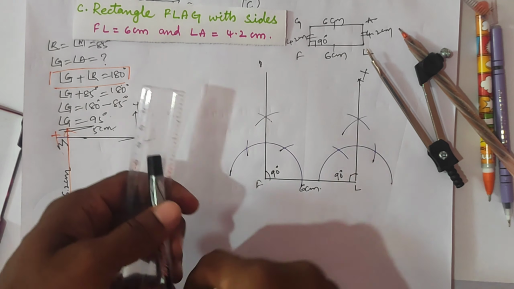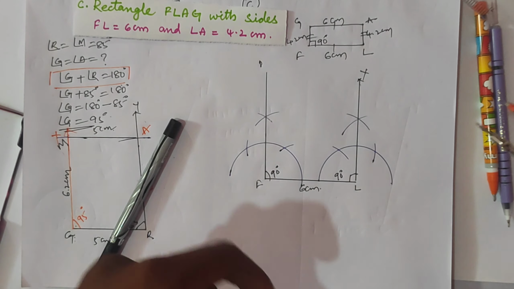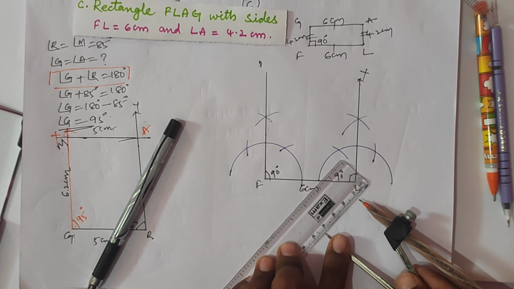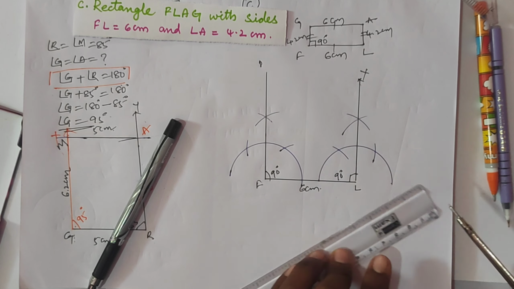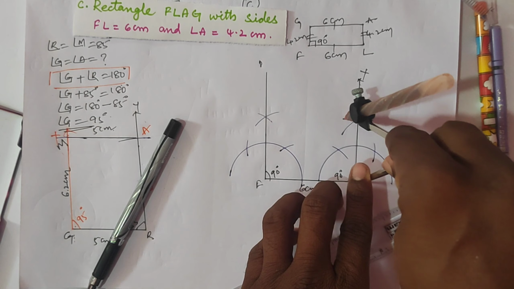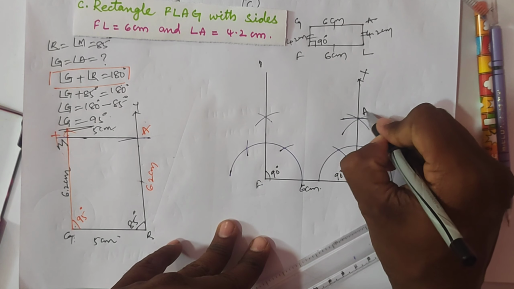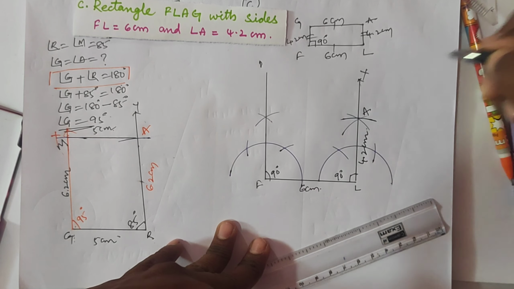We got the angle. Now L to A. What is the side given? Length is 4.2 centimeters. Measuring 4.2 centimeters radius, taking L as a center, I am cutting this ray. So this is FLA, and this measure is 4.2 centimeters.